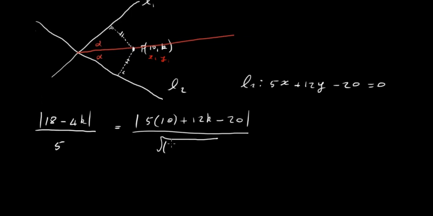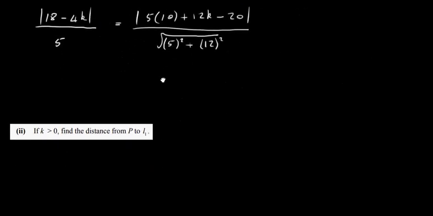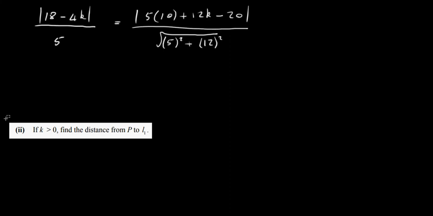This is my a here, so it's going to be 5 squared, plus b is 12, so we're going to square that as well. So this is an equation that we can solve. There's only one unknown in it, k, and that's what we were actually asked to find. So let's look at solving this.